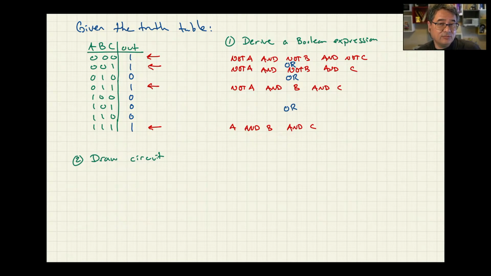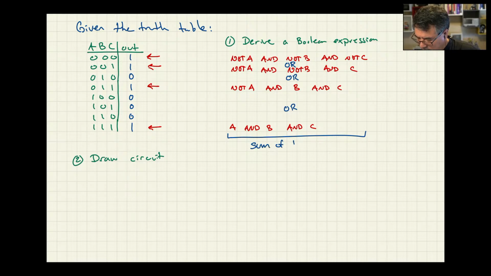So if any of them is true, then the whole thing is true. The way I've written it here is called sum of products form, SOP. Basically, if you have a whole bunch of ands connected by ors, it's called sum of products form. So the only operators you're going to use are nots, ands, and ors in the sum of products form.